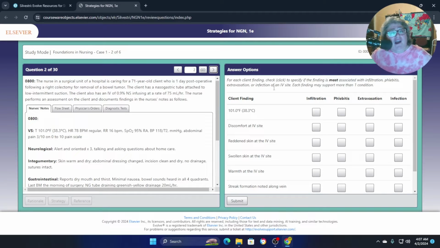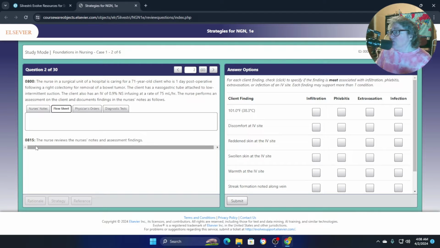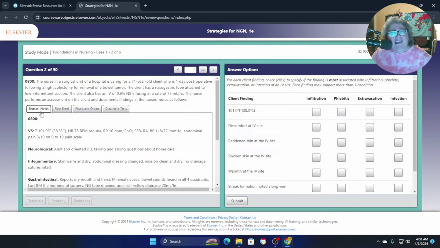So here, question 2, analyzing cues. It's a good idea, it's the same case study. Always check your tabs. Make sure there's no new information, and the only new information we have is at 8:15. The nurse reviews the nurse's notes and assessment findings. So we're reviewing things, we're analyzing things, right? So we read the question.